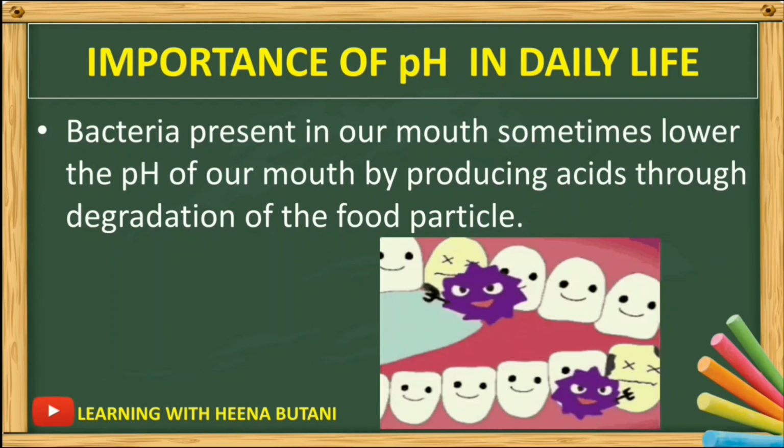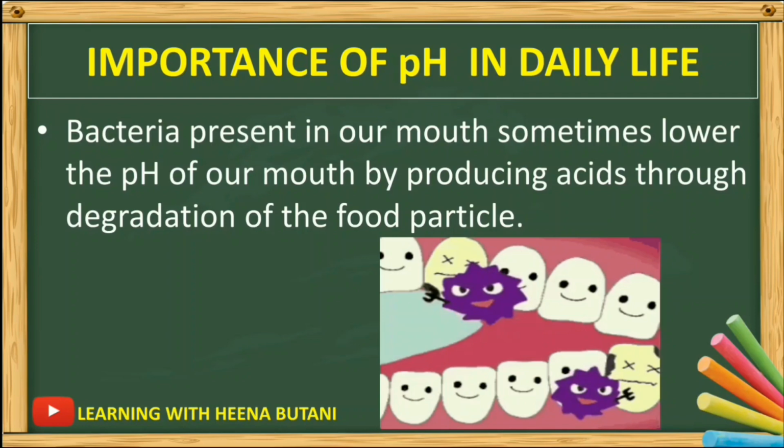Again, this is a very common example. Bacteria present in our mouth sometimes lower the pH of our mouth by producing acid through degradation of food particles. Students, when food particles are left in our mouth throughout the night, bacteria work on them and create an acidic environment in our mouth, which is responsible for decaying of our teeth.